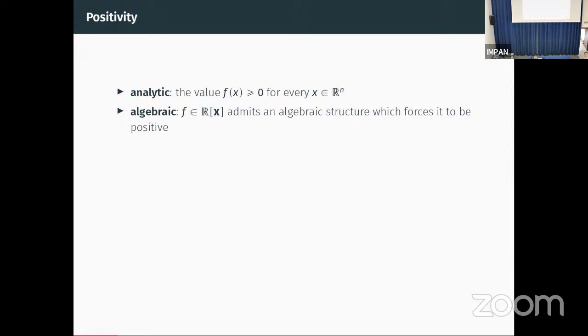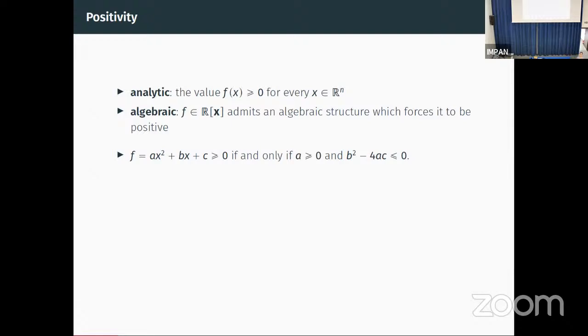Okay? And we know one structure like this. In high school, when we have a polynomial in one variable, we know that we don't have to evaluate the polynomial everywhere to see if it is positive or not. It's enough to compute the discriminant and check whether it's below 0.